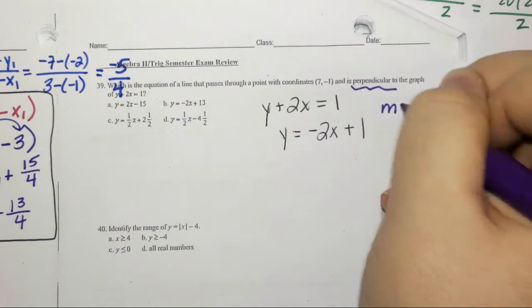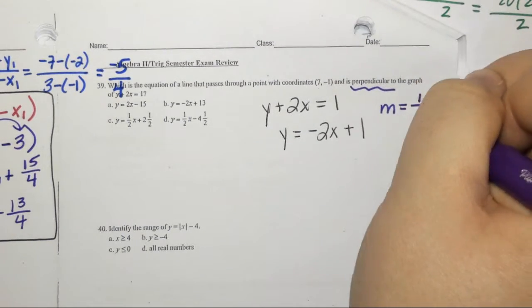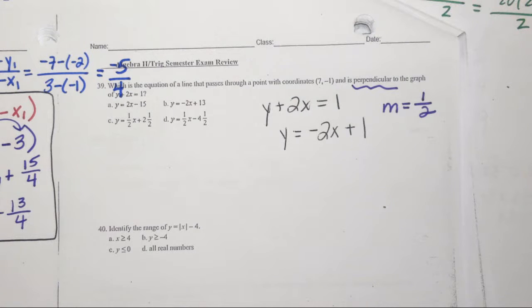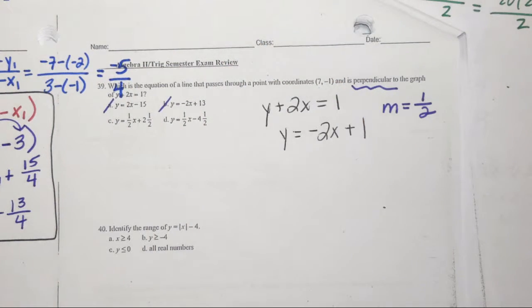So my slope needs to be that flipped and change the sign. So my slope is 1/2. So automatically I know which two answer choices need to go. A and B have got to go.